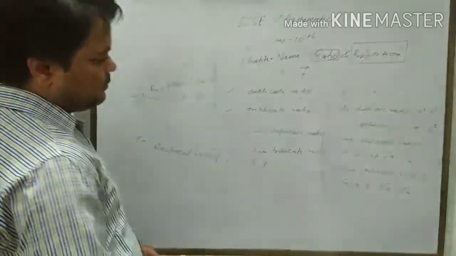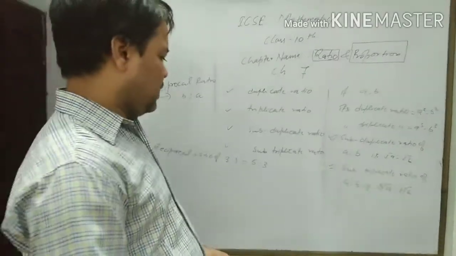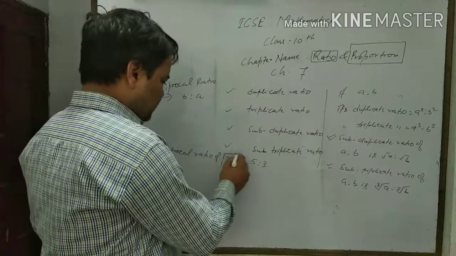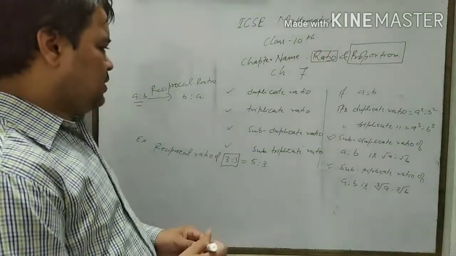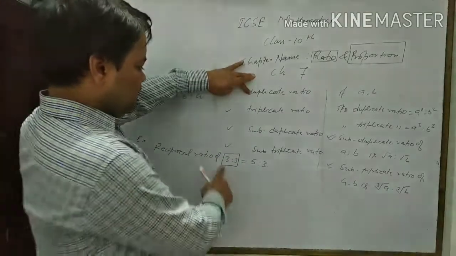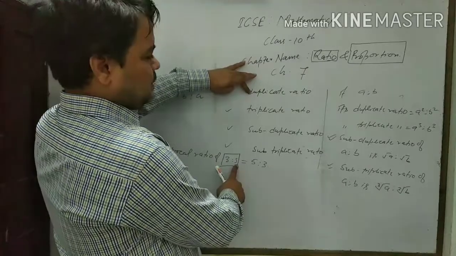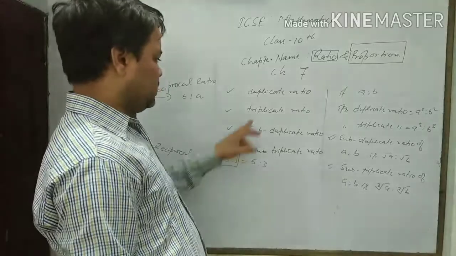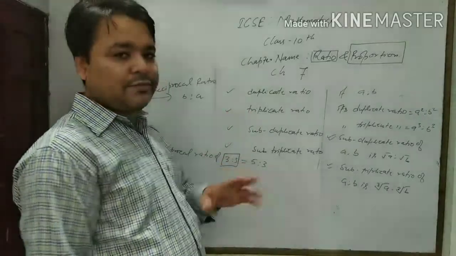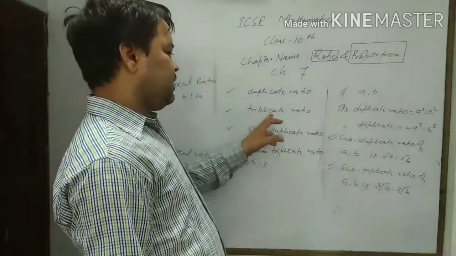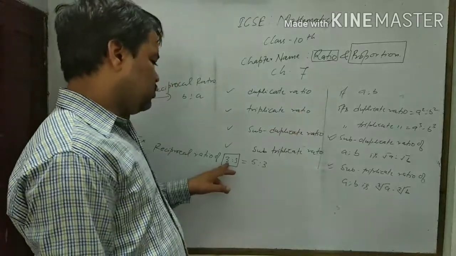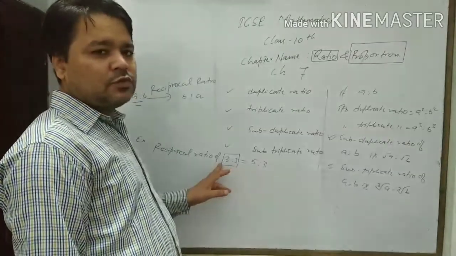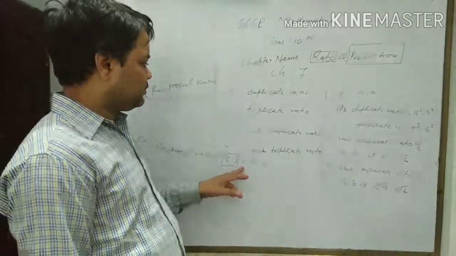Similarly, if we have a ratio 3 is to 5, then its duplicate ratio will be 3 square is to 5 square, that is 9 is to 25. The triplicate ratio will be 3 cube is to 5 cube, that is 27 is to 125.